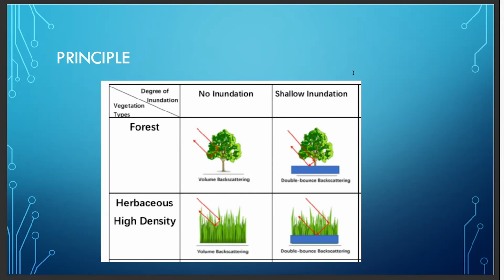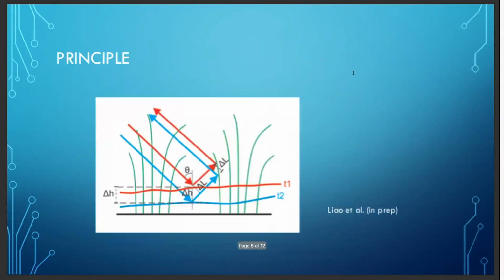So we can see a bright spot, a brighter image. And for the herbaceous vegetation also, if it's dense enough, it cannot be very dense, but it can also act as a corner reflector. So we are able to detect this using InSAR.